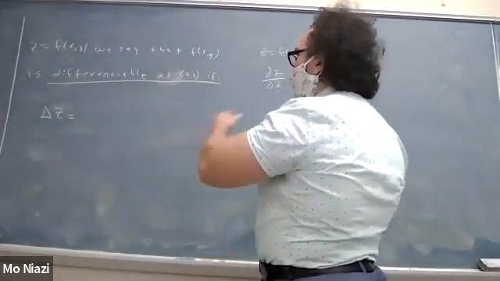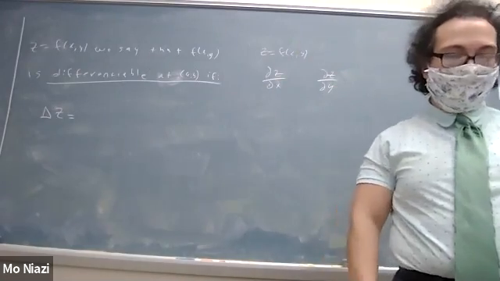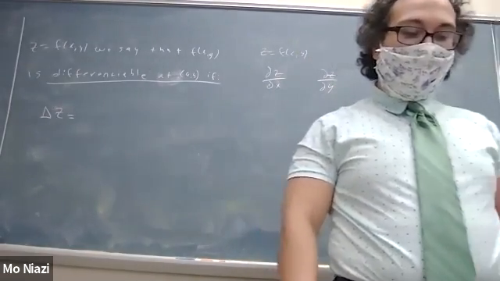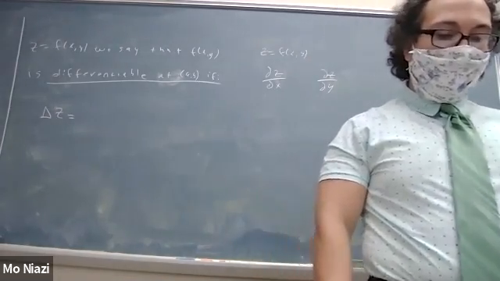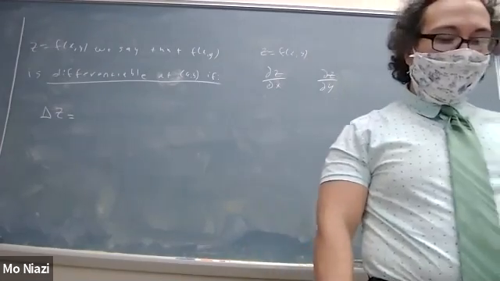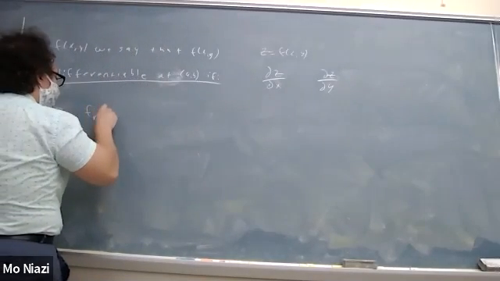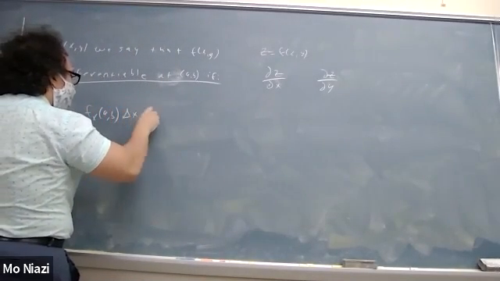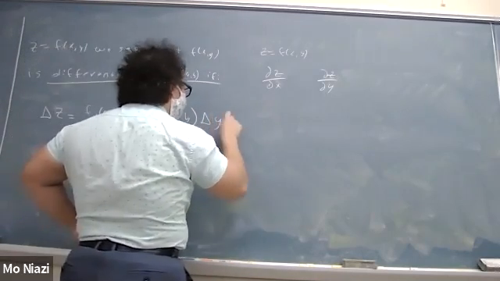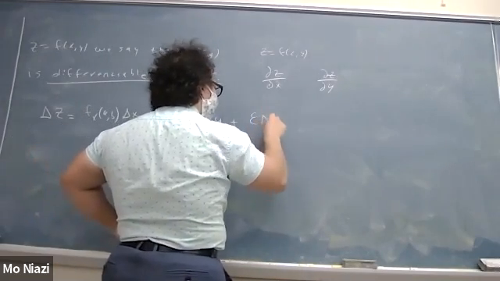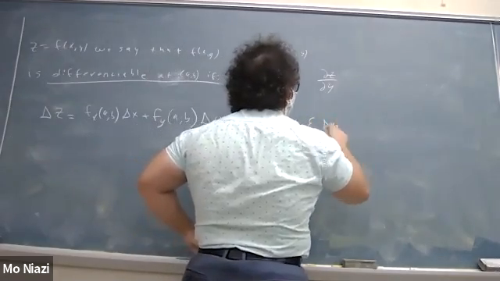So changes in z are truly changes in the function's output. And quite simply here, we think of an analogous situation to a line. Plus these terms. Okay.